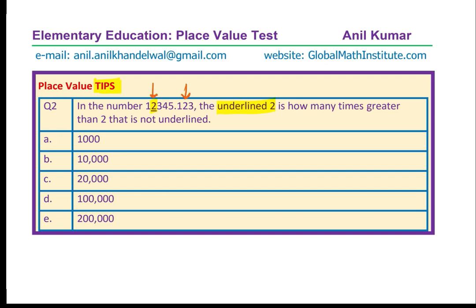You can check the place value, right? So one underlined 2 can be written as, the place value is 1, 2, 3 zeros, 2000, correct? That is the place value. And for the other 2, the place value is what? It is hundredth, right? So the other 2 is 2 over 100 because this is hundredth position, right?